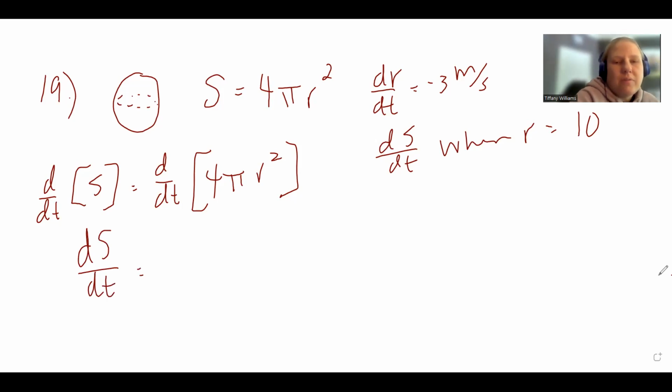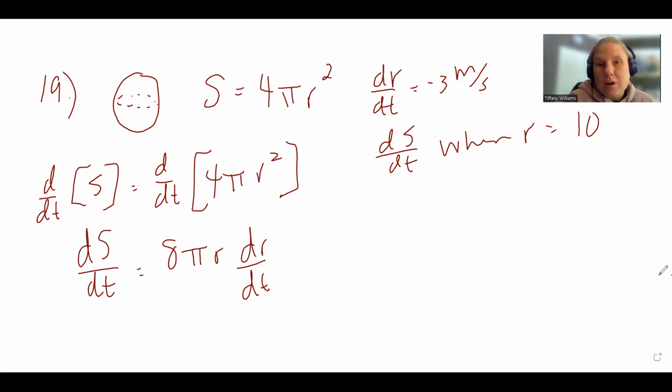And then the derivative of 4 pi r squared is going to be 8 pi. Remember, pi is just a number. So it's going to be 8 pi r dr/dt, because r is not time. Okay, so we basically got the setup for what I need.